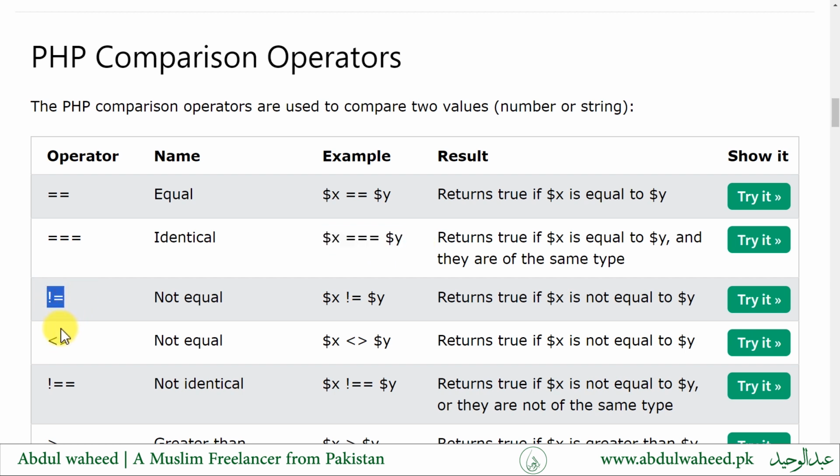Not equal to sign and the not equal sign are actually the same. Similarly, we use the exclamation sign and two equal signs for not identical, which checks that x and y values are not equal and also checks the type.